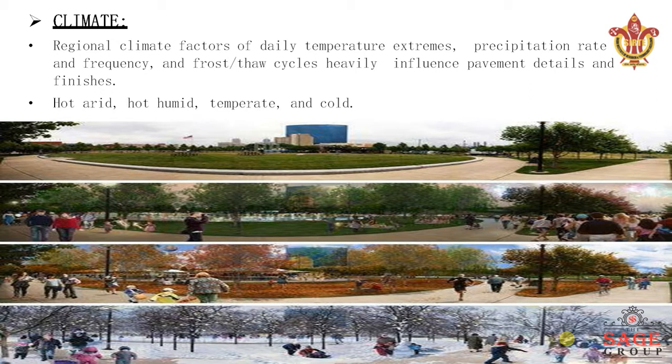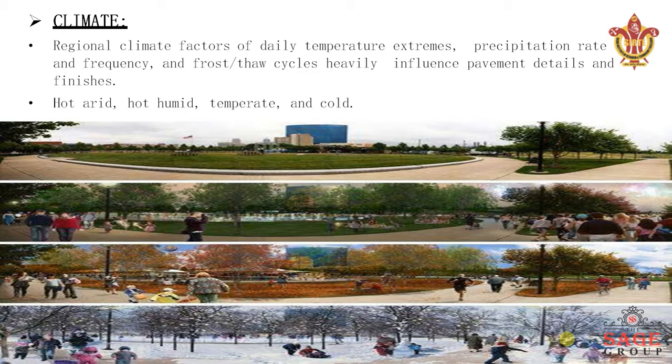So here we have four basic types. In the first figure on the top, we can see the hot arid zone. The design for the hot arid zone will be different from the others. The second one is the hot humid condition of climate.